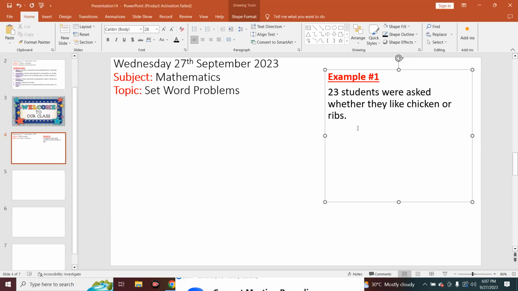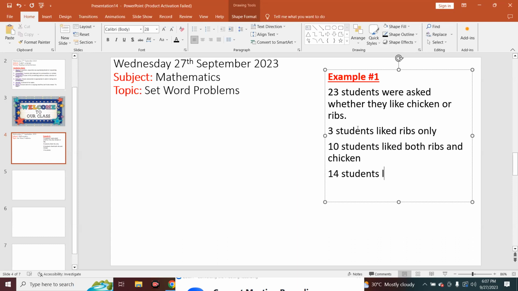All right, so 3 students like ribs only. 10 students liked both ribs and chicken, okay. 14 students like chicken, and 6 students like neither.